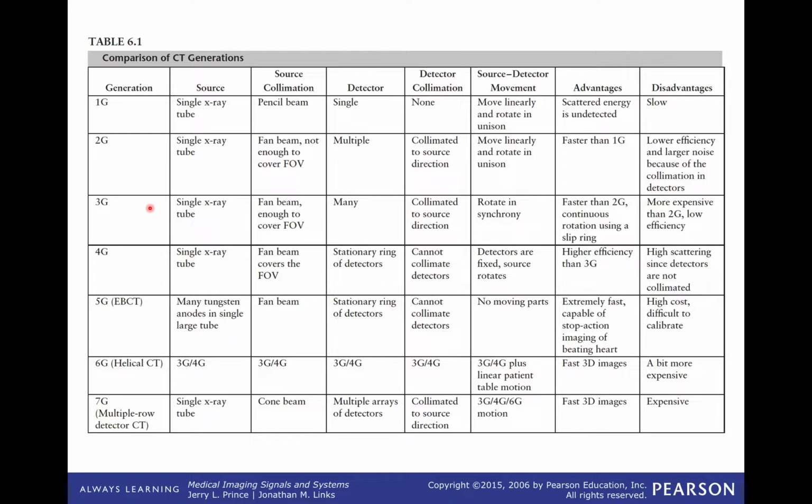The other thing that's nice to know is that the first CT scans took half an hour to make. And so you had to believe in the technology. With an X-ray, you stand somebody in front of an X-ray film to take a diagnostic shot, and it takes milliseconds, right?